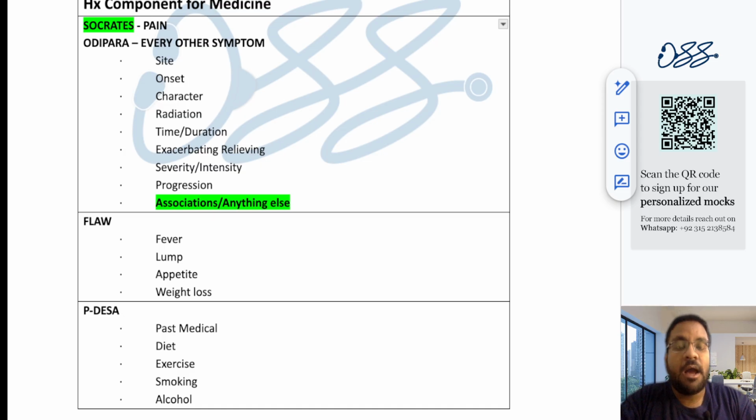But if you're being specific, if you're trying to elevate the level of your data gathering, you're going to ask a relevant and specific question. By any chance does bending forward relieve your pain? By any chance does your pain increase when you try to take a deep breath? You're thinking about pericarditis, you're thinking about pleuritis.